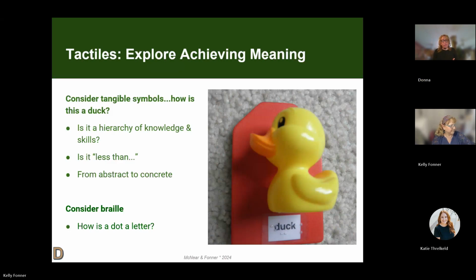But we know through teaching experience and in our fields know through all these years we've been using tactile symbols that with use and exploring different ways of conveying meaning, kids make sense of it and get meaning from it.